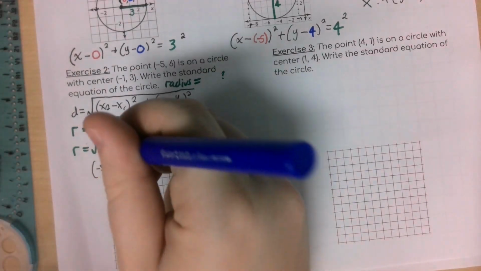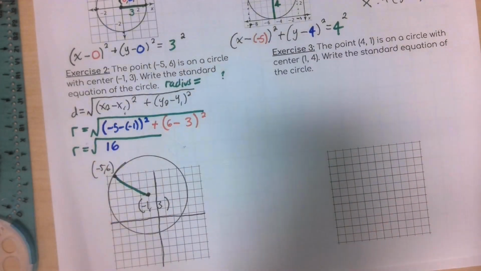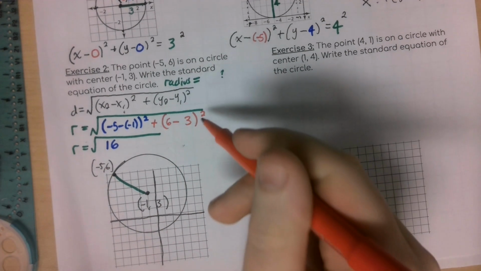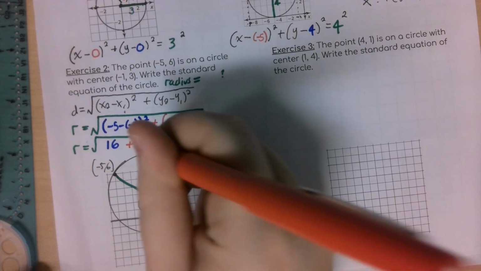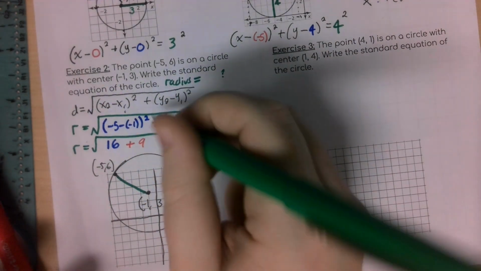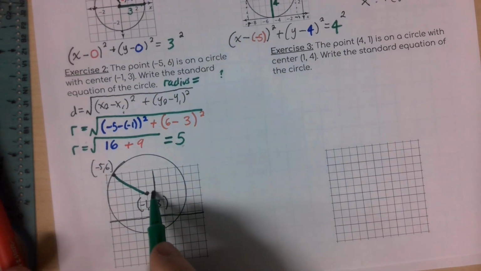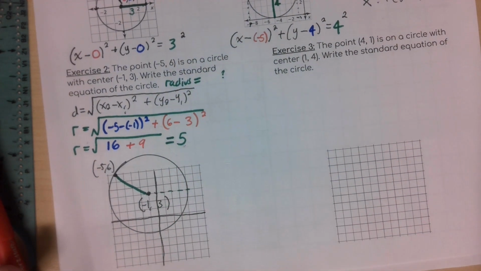What is negative 4 squared? Well, it's 16. This one's a little easier. 6 minus 3 is 3, squared is 9. So this is just the square root of 16 plus 9. Our radius is 5, which absolutely matches up with our drawing.